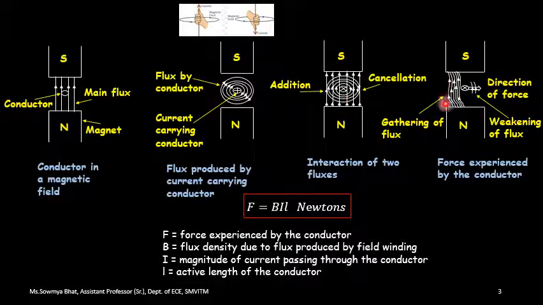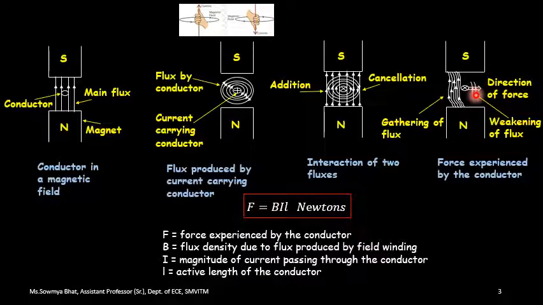rule. So now the final diagram which I am having, it indicates that towards the left hand side of the conductor, the flux will get added up. So there is a gathering of flux over here, or in other terms it will be called as a high flux density area. So since there is a gathering of flux, we call it as a high flux density area. Whereas if you see towards the right hand side of a conductor, there is a minimum lines of flux what you can see.